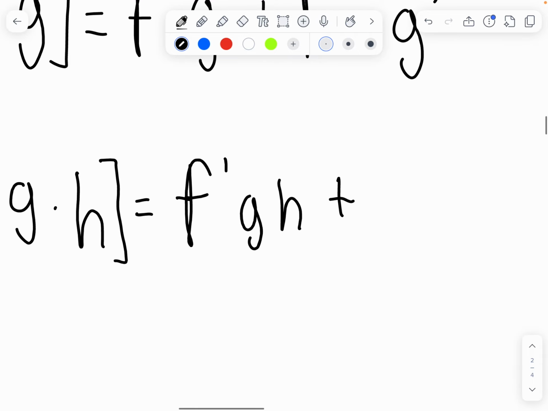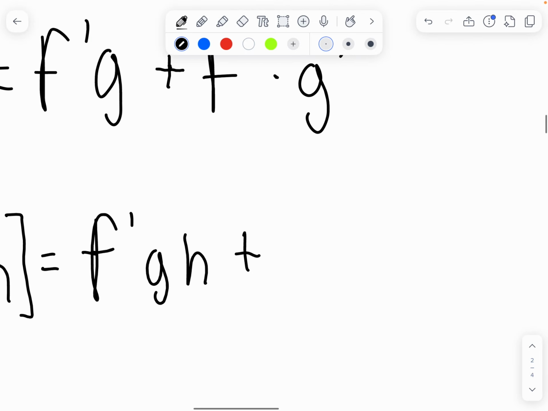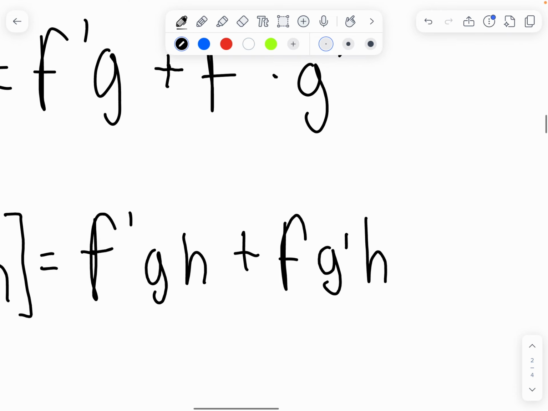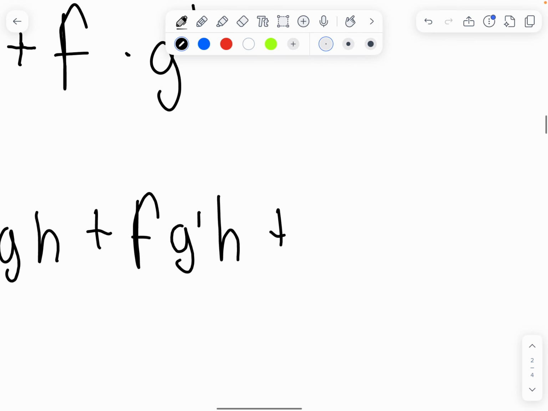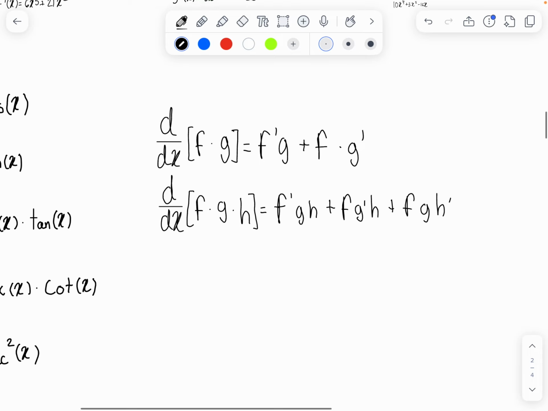This is an addition. Yeah, I didn't mean to make that mistake. So f times g prime times h plus f times g times h prime. So that is our formula, and let's do a question.